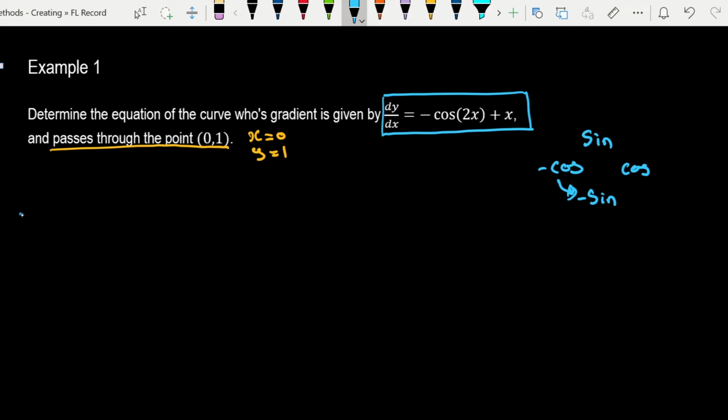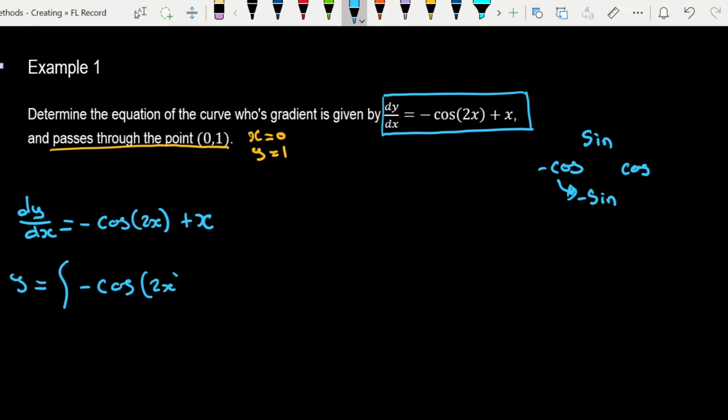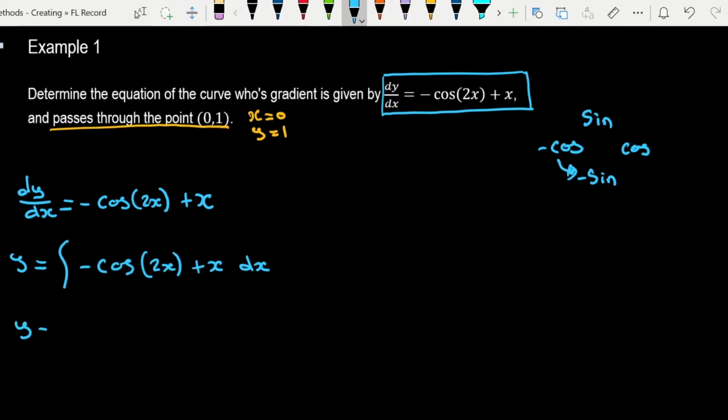So here, if I've got dy/dx equal to this thing, when I integrate, and I'm going to add my dx for notation there, when I integrate this function, what I'm going to get here is negative sine of 2x divided by that 2 scalar plus x squared over 2 plus c. Okay, that's what I'm going to get there.